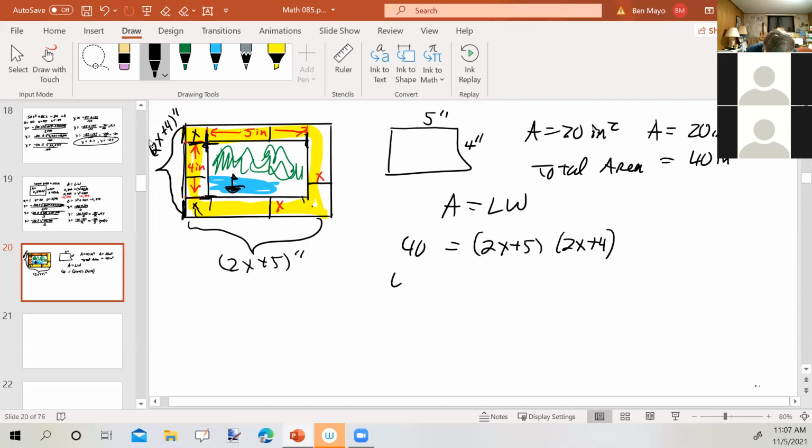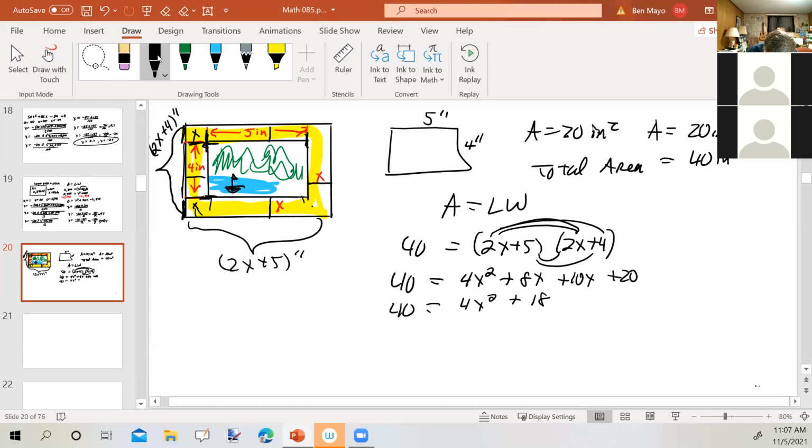Okay. 40 equals 4x squared plus 8x plus 10x plus 20. 40 equals 4x squared plus 18x plus 20.